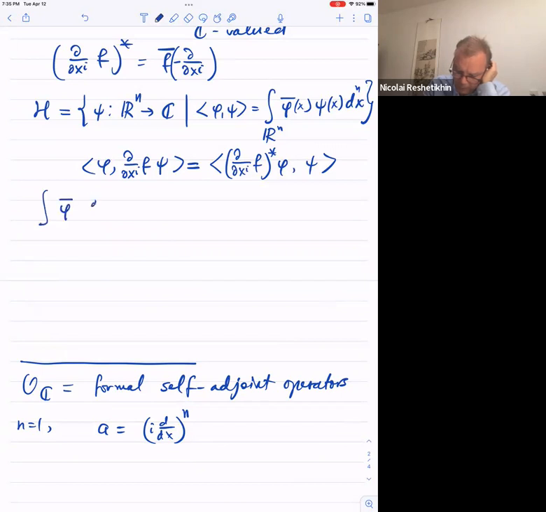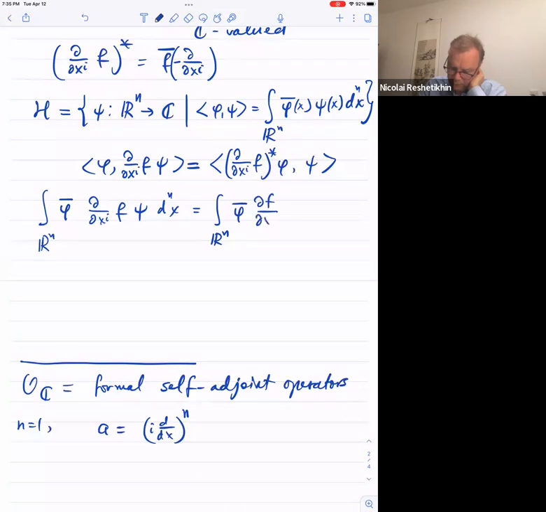The integral of phi bar d/dxi of f psi, it's a composition of operators, multiplication and derivative, dnx. Now I use the Leibniz rule: this is equal to the integral of phi bar df/dxi psi plus phi bar f dpsi/dxi.